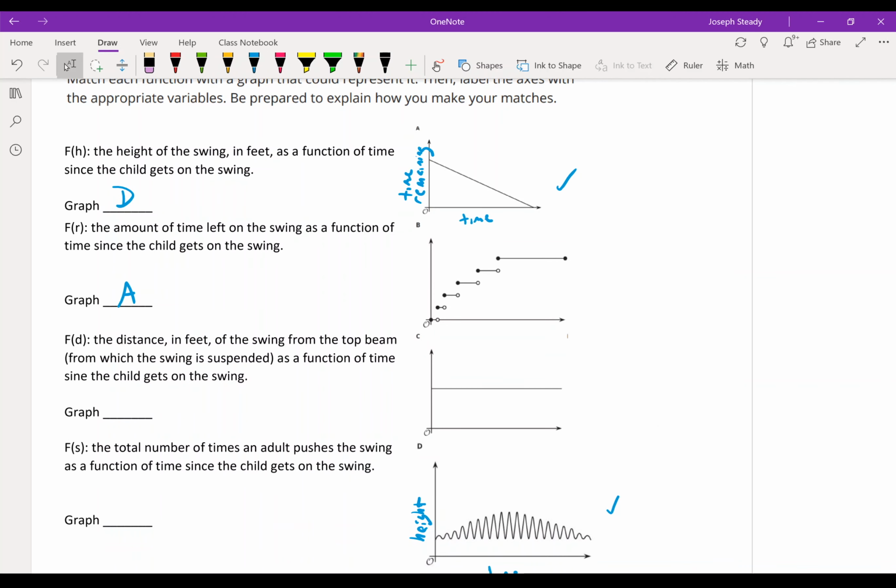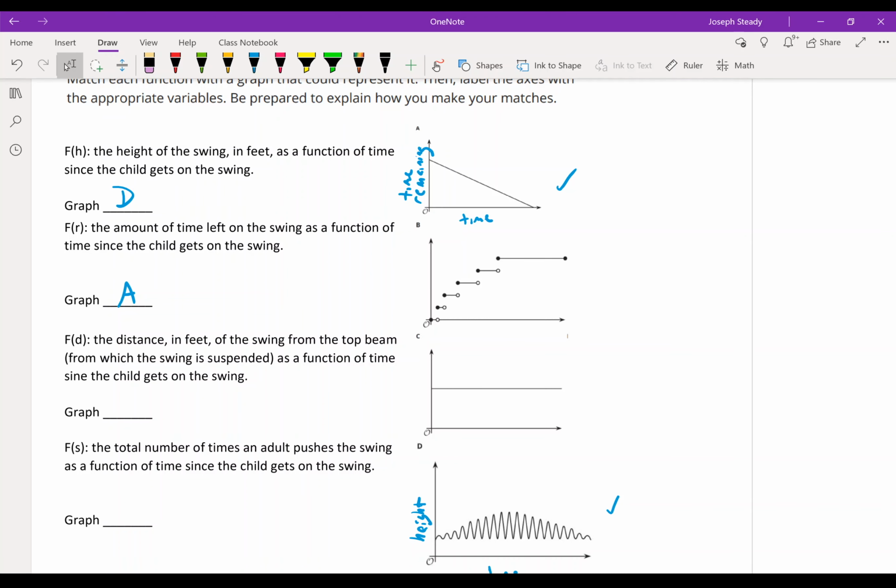Next one, f of d is the distance in feet of the swing from the top beam as a function of time. So in this case, if I think about a swing, you're pretty much always the same distance away from that beam because the rope or chain or whatever it is always taut. It's a straight line.